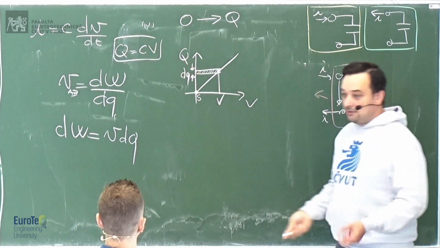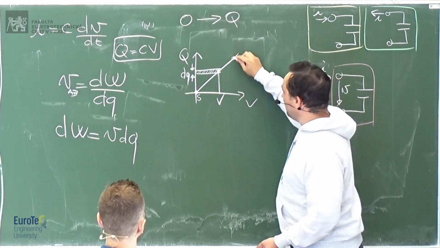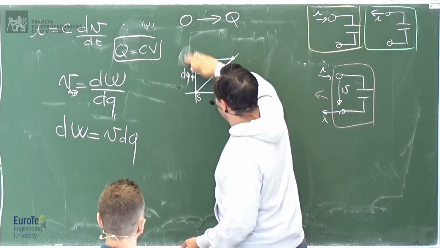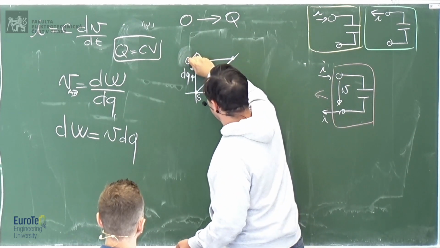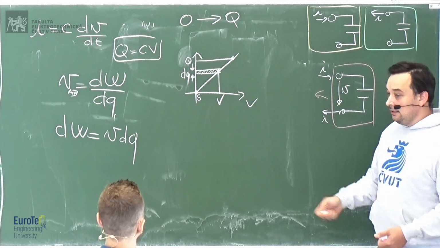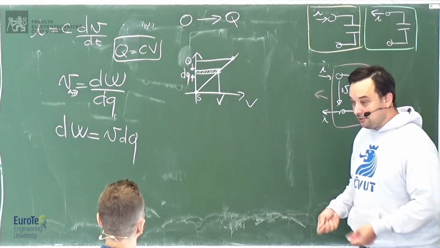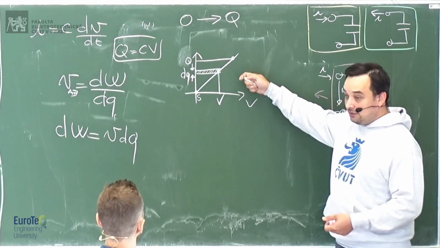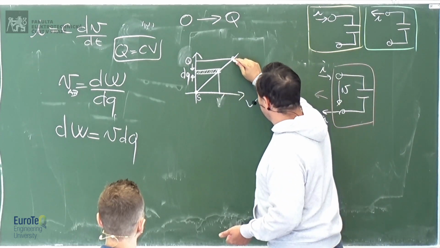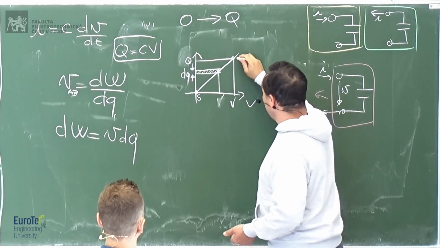So 0 charge, 0 voltage, discharged. And we want to arrive to here, where you have Q charge. We put the current, and by putting the charge, we increase the voltage until we arrive to this point here, to the total voltage, let's say this is VF, the final.